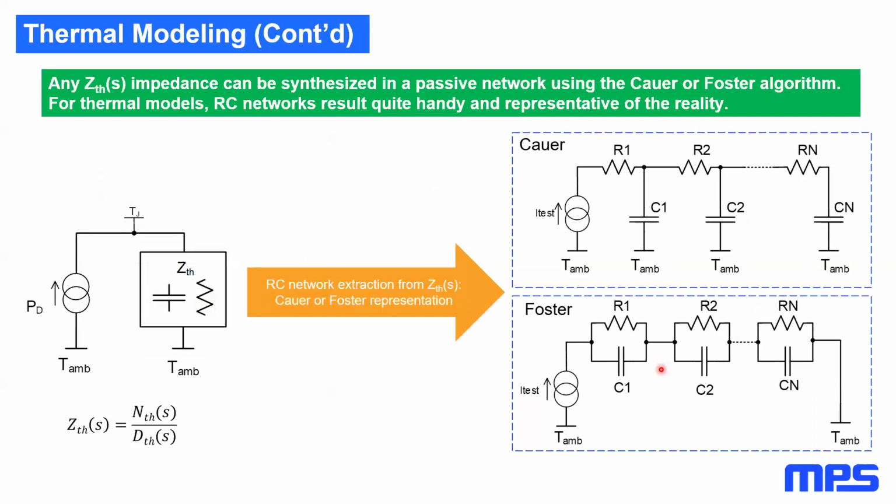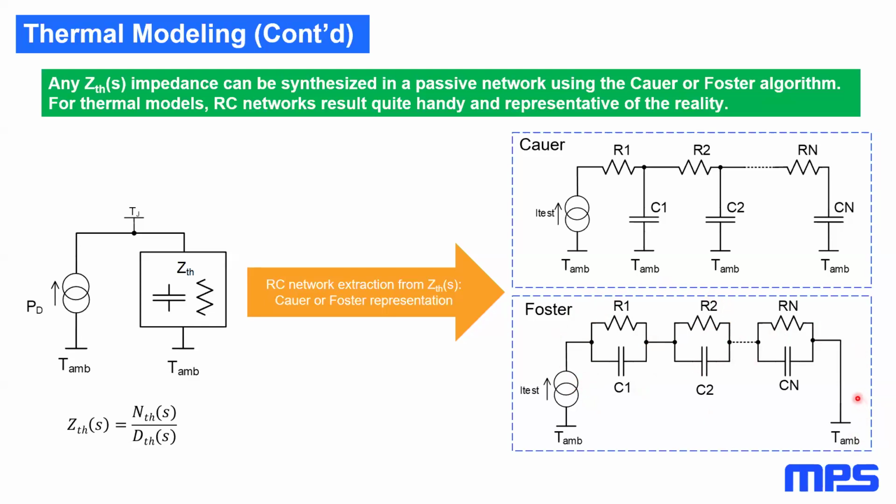A simple and widely used example of RC network modeling of a generic impedance are the Cauer and Foster representations. It is quite interesting that in case of thermal impedance, each RC block often ends up representing the different mediums between the die, where the power dissipation actually happens, and the outside world, where the heat wants to flow in order to re-establish the thermodynamic equilibrium.